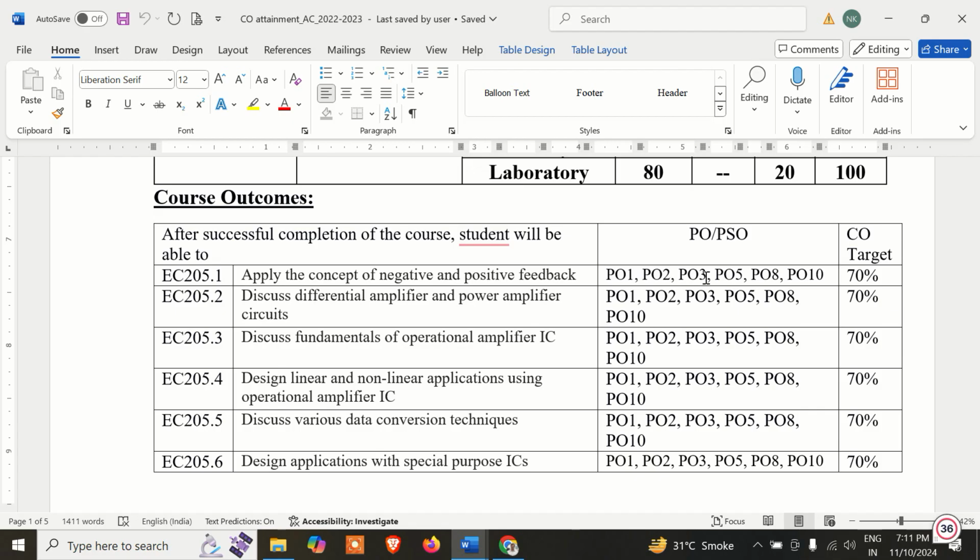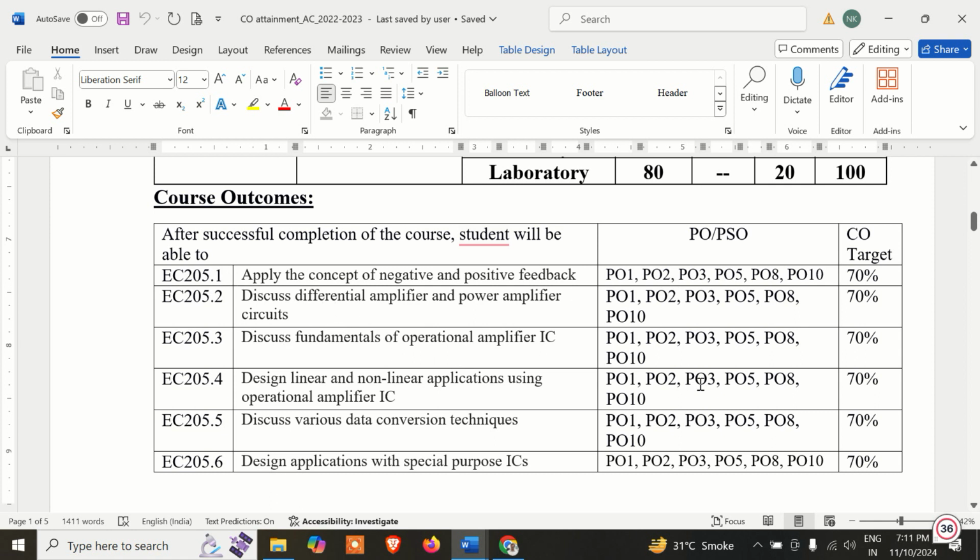Similarly, 10 is about documentation, presentation, communication, vivas. Generally in laboratory courses, PO10 could also be verified in these experiments. So this is the mapping. My COs are mapped to my POs.